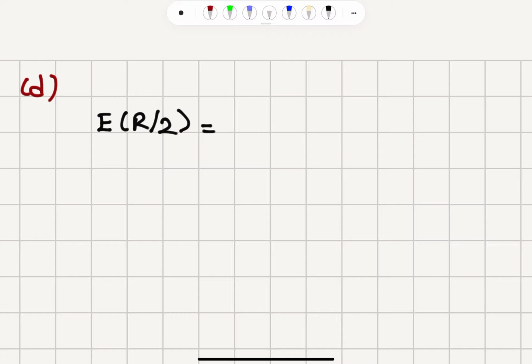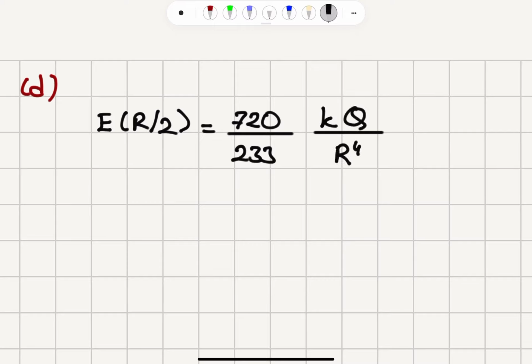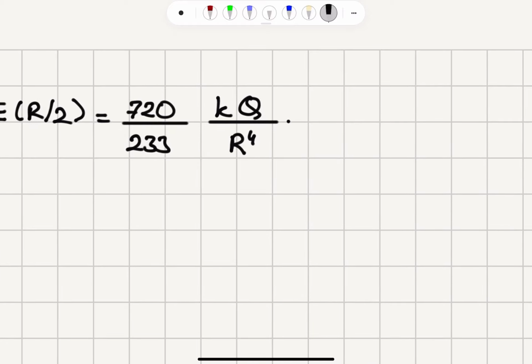This gives me 720 divided by 233, Coulomb's constant k, total charge Q, capital R to the fourth power. Then I had R squared, and for R squared I'm substituting capital R squared over 4.